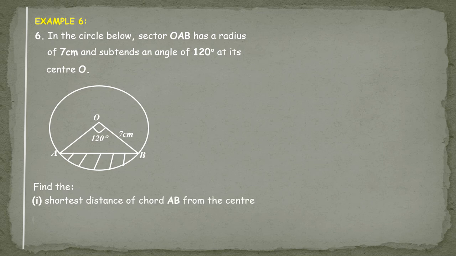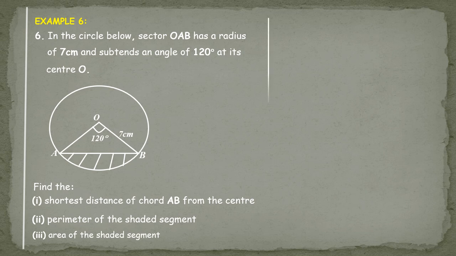So the question: find the shortest distance of the chord AB from the center. Find the perimeter of the shaded segment and also find the area of the shaded segment.